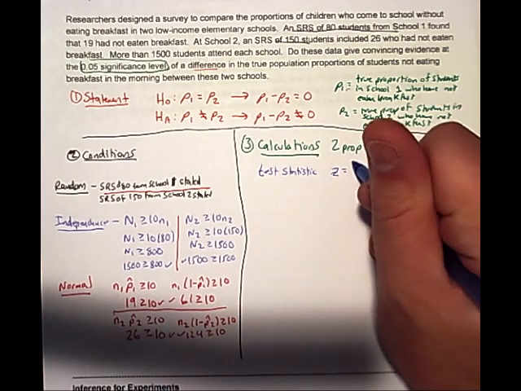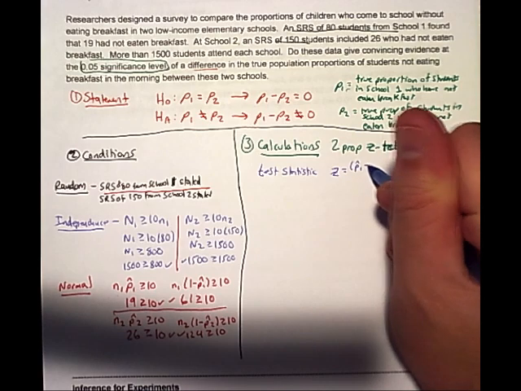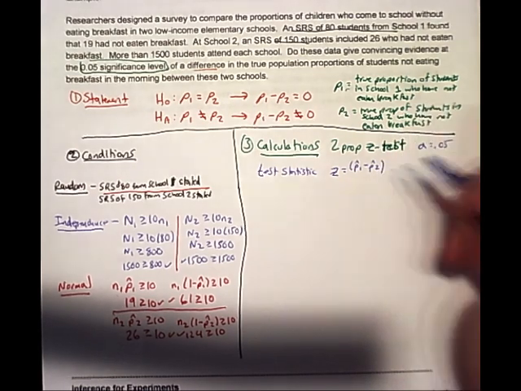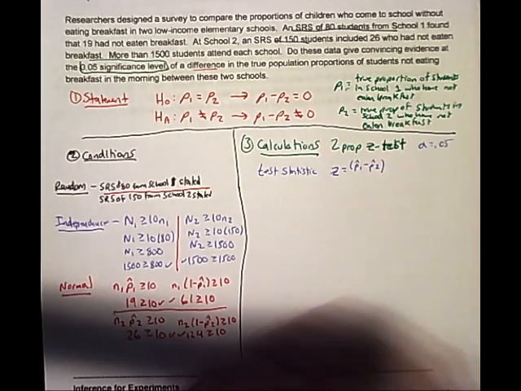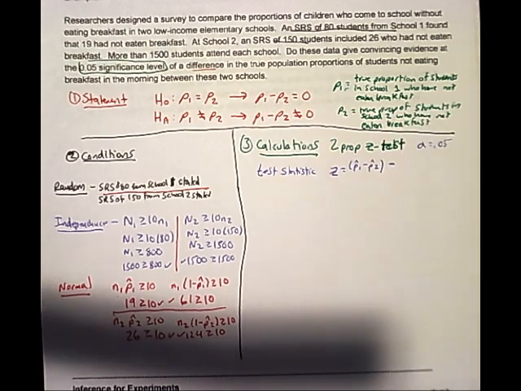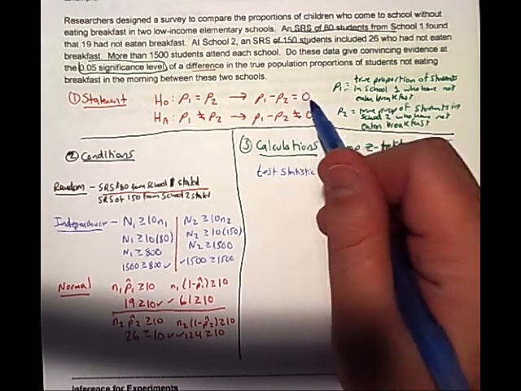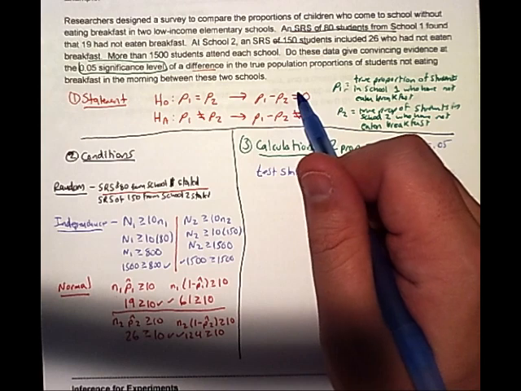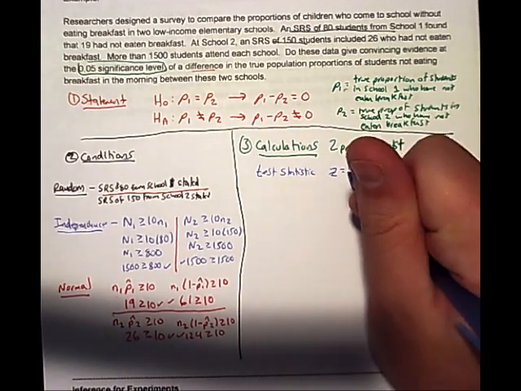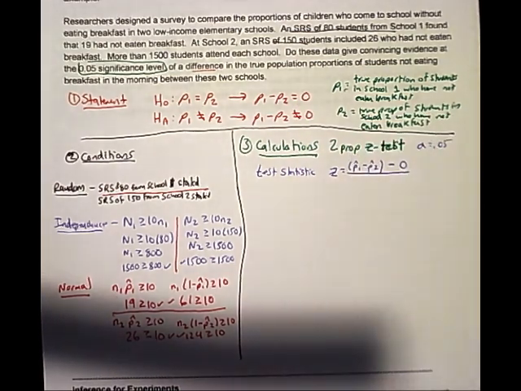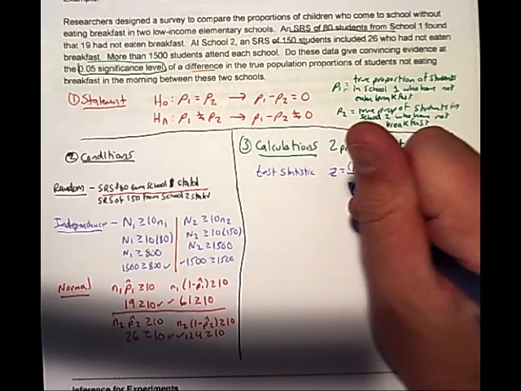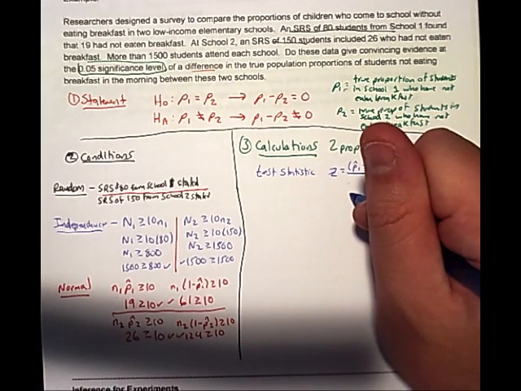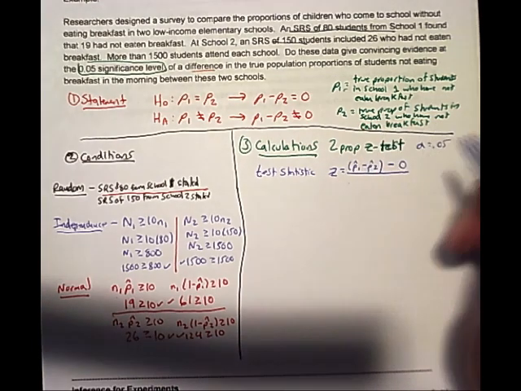Well, the statistic would be the p hat 1 minus the p hat 2, minus the assumed parameter, over that p hat combined thing.